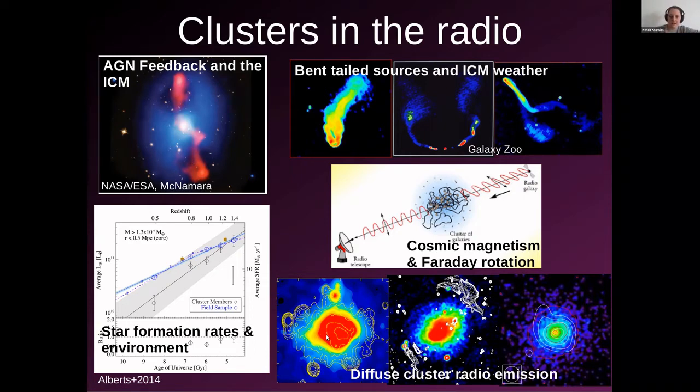So there has to be some mechanism in place to be pumping energy into the system or to the electrons to keep them at the relativistic speeds needed to produce synchrotron emission on these volumes.